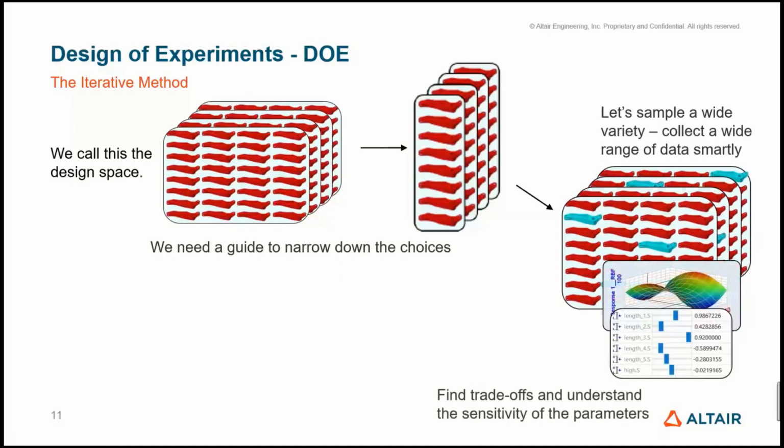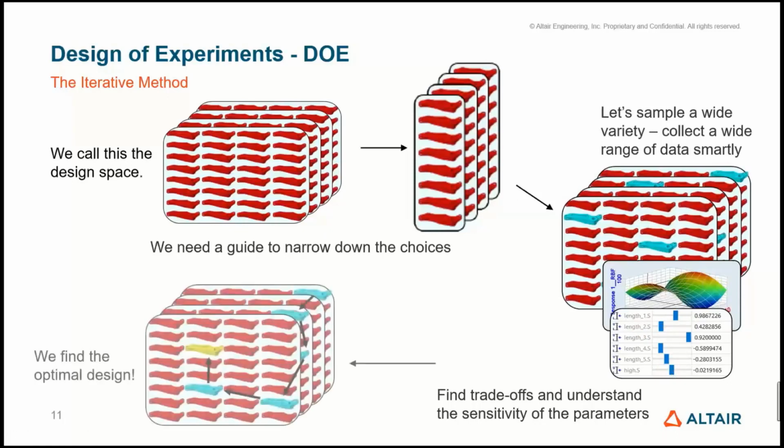And with that data that you have, you can then find the trade-offs and understand the sensitivity of your parameters. So it could be that if you wanted to decrease the stresses in a part, increasing the length of one part of your dimension of your part could be better than trying to change the height of something. And that's where we find all of the relationships between them.